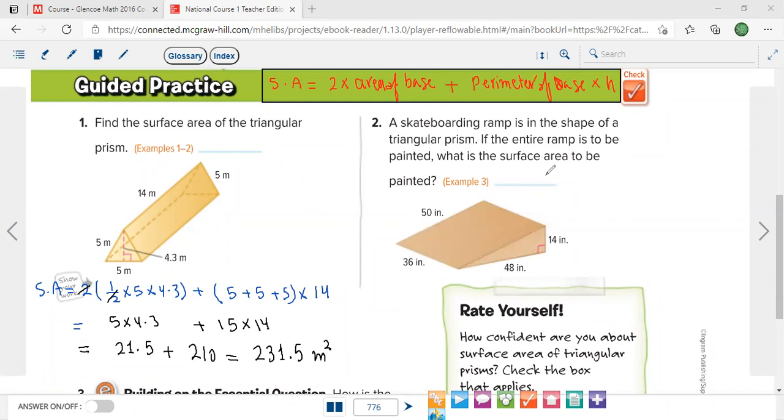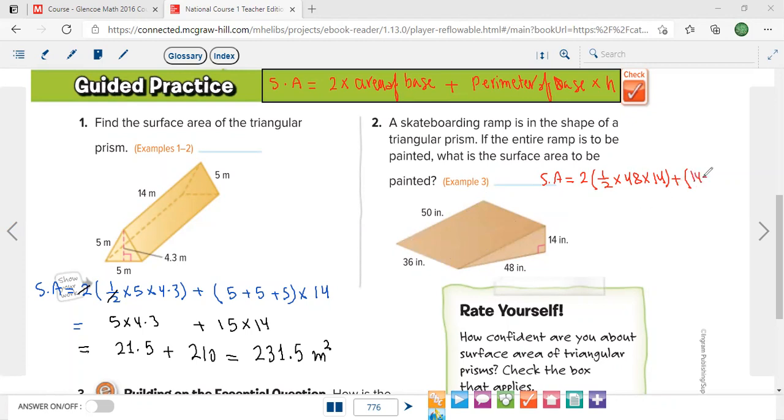So surface area equals 2 times the area of the base shaped like a triangle, so half times the base of the triangle is 48, the height of the triangle is 14, plus perimeter of the base, so I need 3 sides, 14, 48, and this one. This one is the same as 50 exactly, and this one is the height of the prism.